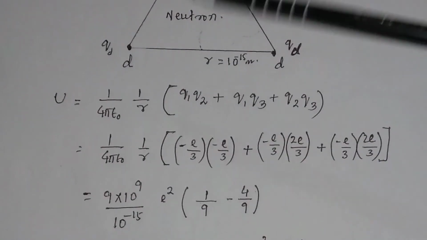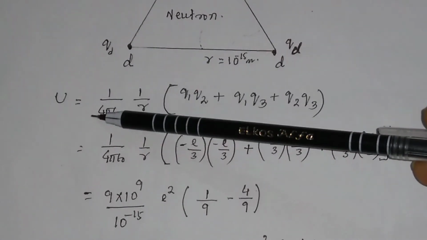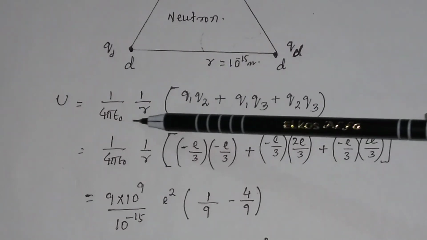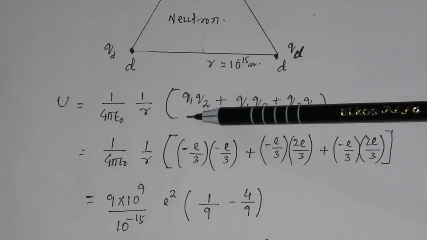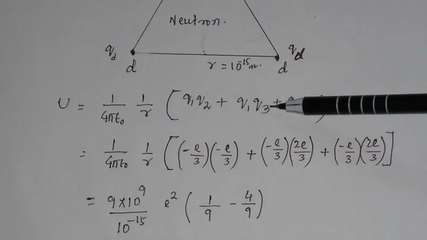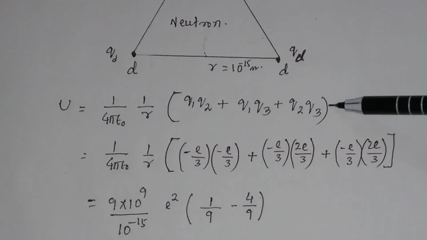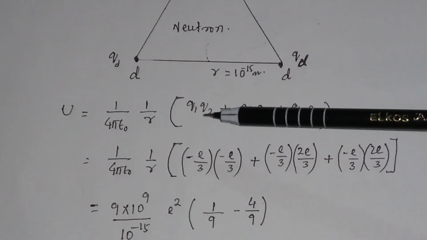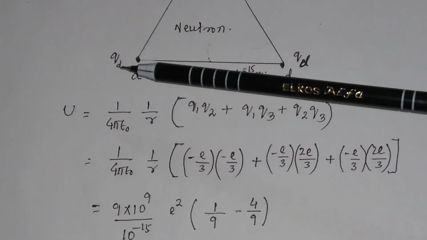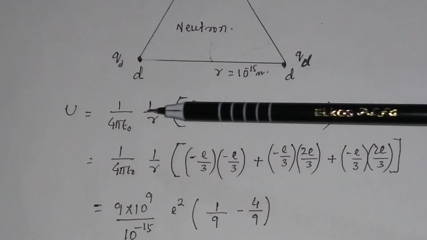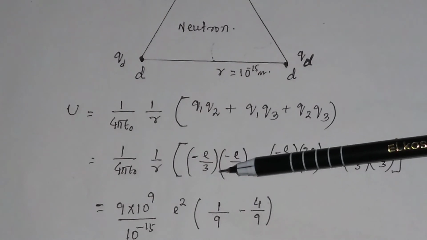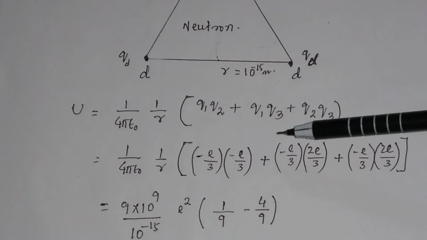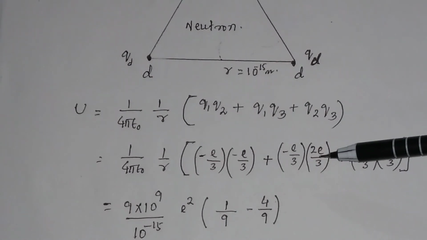If we write the formula for the potential energy of the three charge system, that is 1/4πε0 times Q1 Q2 divided by R plus Q1 Q3 divided by R plus Q2 Q3 divided by R, and substitute the values, Q1 and Q2 are minus e/3, the down quarks, and Q3 is the up quark, 2e/3.